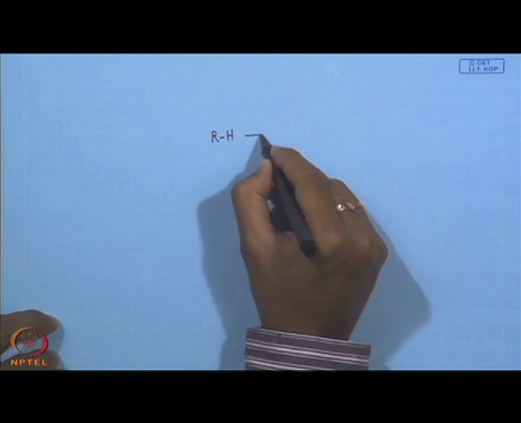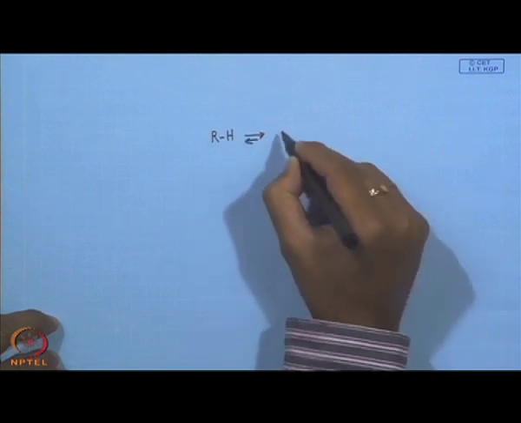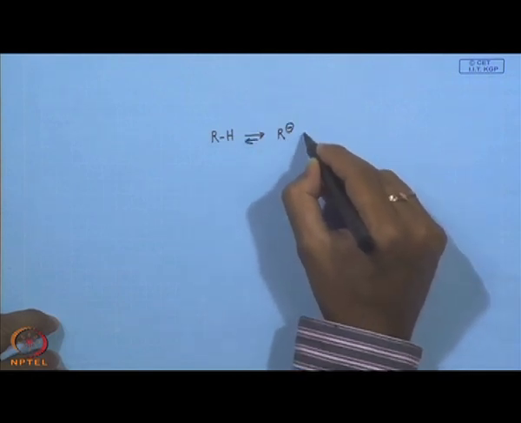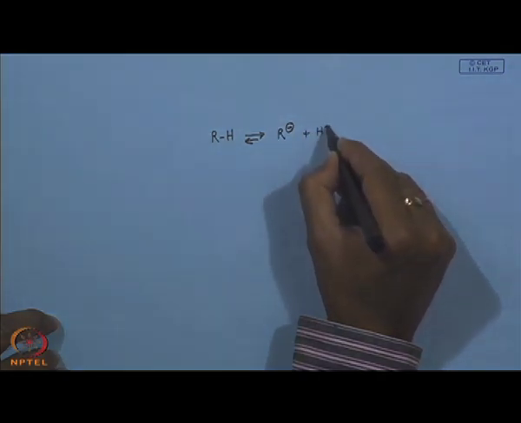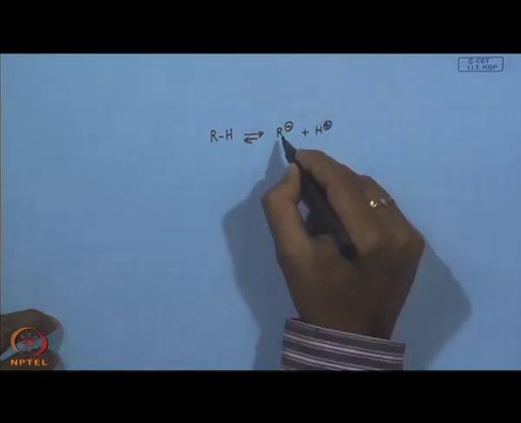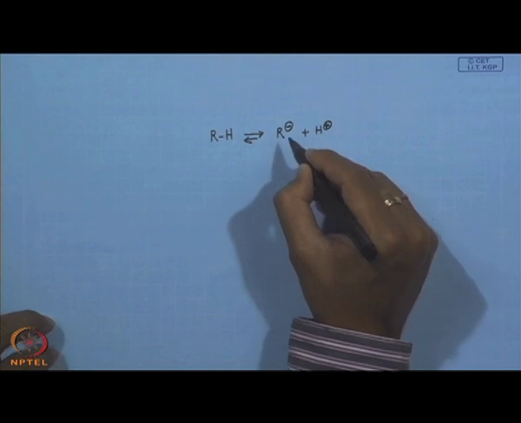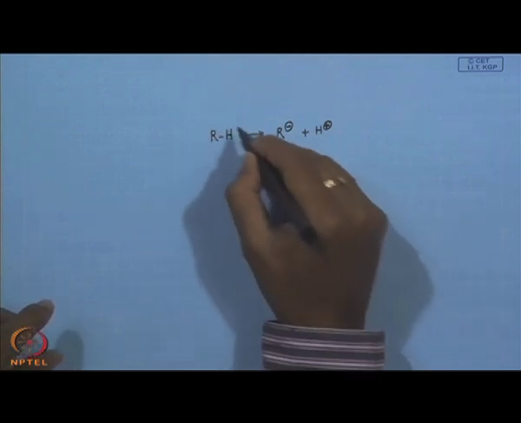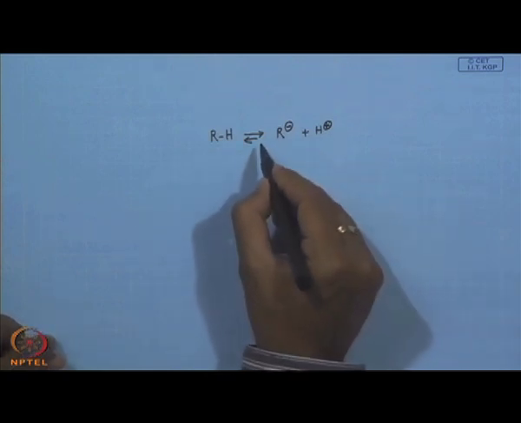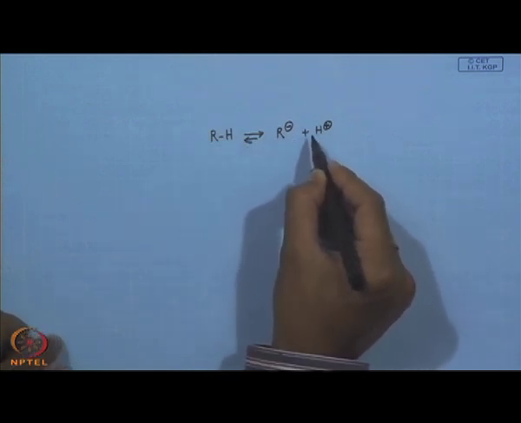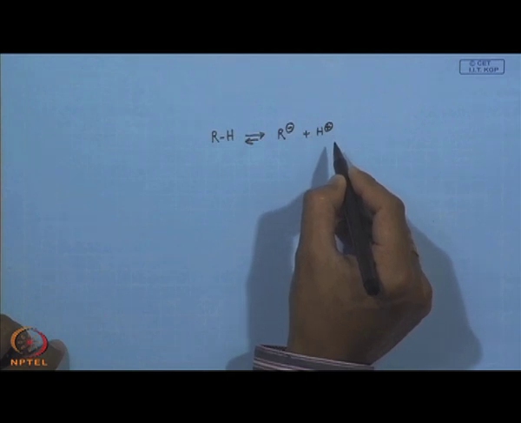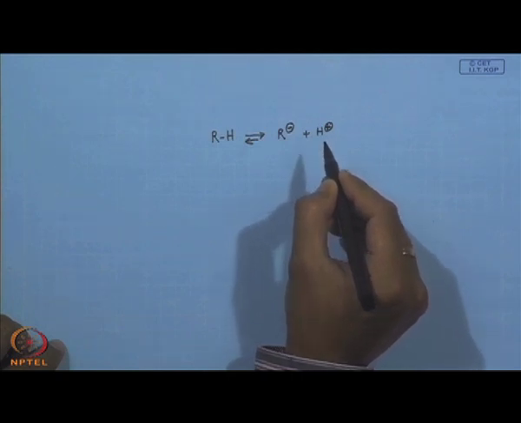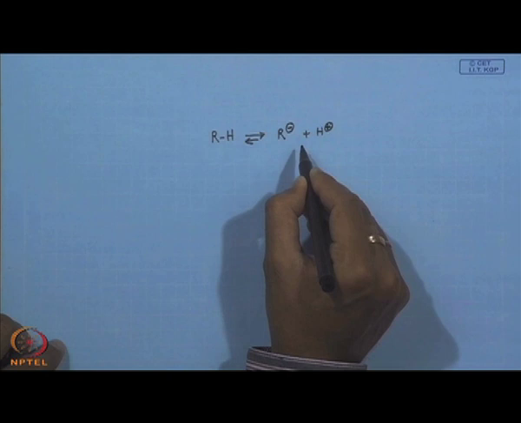When it gives rise to a proton, then it is R minus plus H plus. So, if R minus is more stable than whatever is on the left hand side, then this equilibrium will be shifted towards the right hand side, and as a result the system will show acidity.